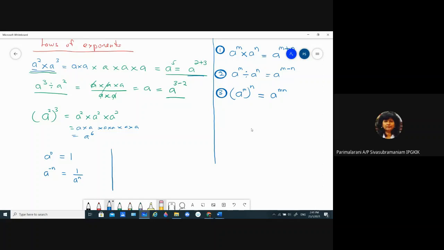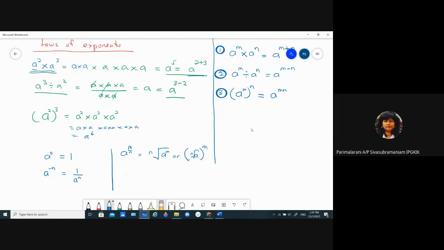Okay, so if we have a to the power of m over n, it means the nth root of a to the power of m, or you can write it like this, the nth root of a, the whole thing to the power of m. It means the same. You can write either way.